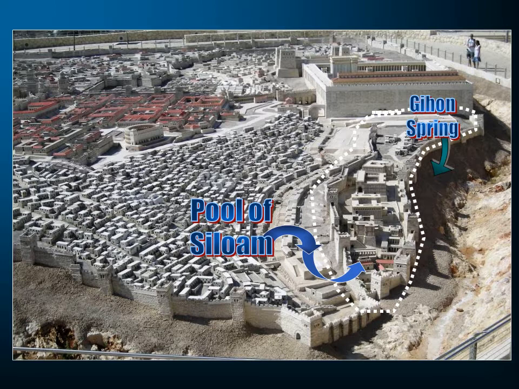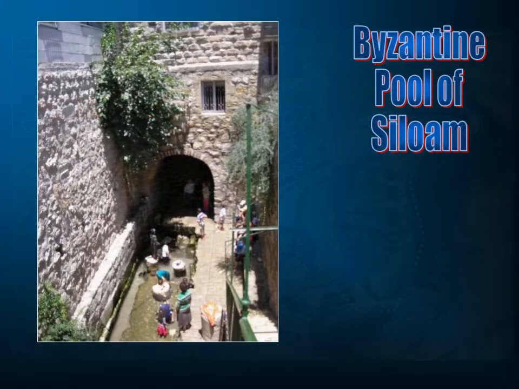But that Gihon Spring has a tunnel, ever since the days of Hezekiah in the Old Testament, cut to connect the spring with this pool on the south side of the city. You can see the Byzantine pool where the connection was made.